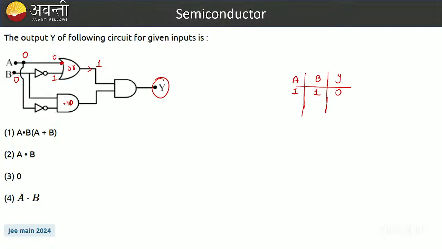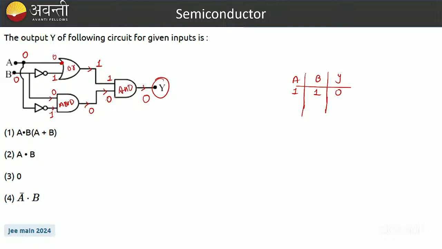But for this AND gate, this 0 from A will convert into 1. B is already 0, so it will give you 0 output. And here is 0, here is 1. So 1, 0 will again give you 0 because this is the AND gate.